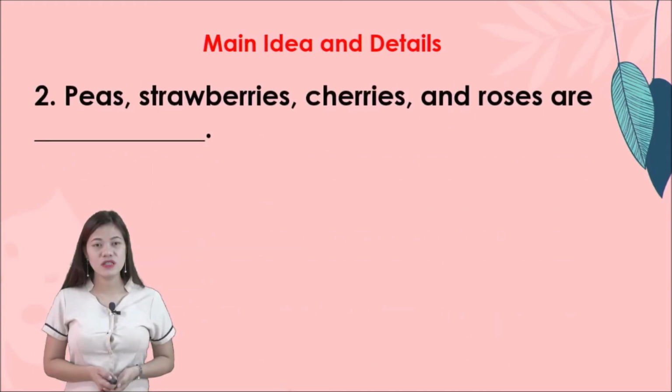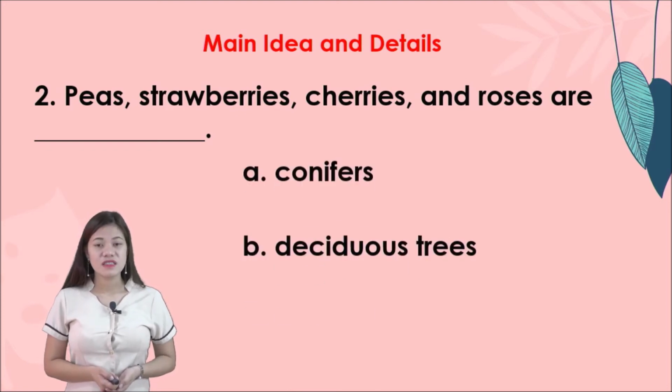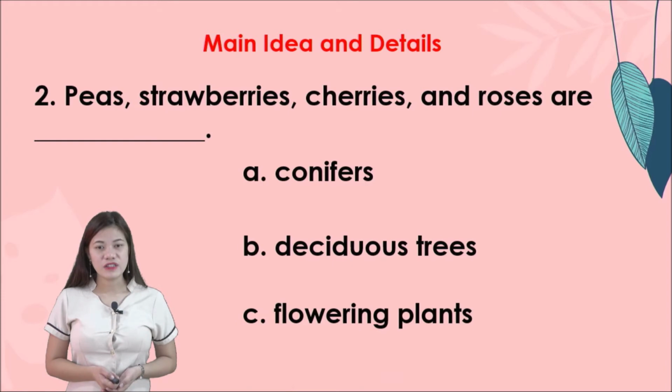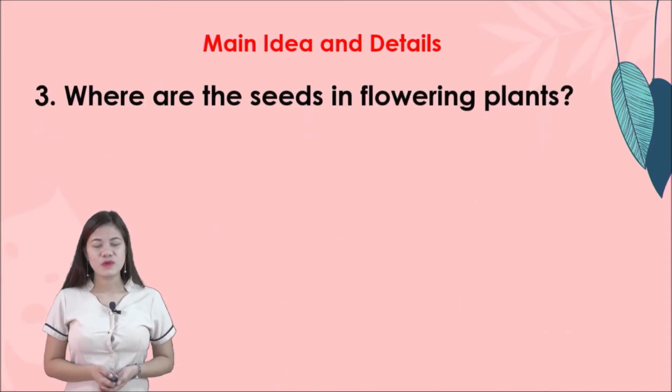Next question. Peas, strawberries, cherries, and roses are blank. A. Conifers. B. Deciduous trees. Letter C. Flowering plants. What's the answer? Letter C. Flowering plants. Next question. Where are the seeds in flowering plants?